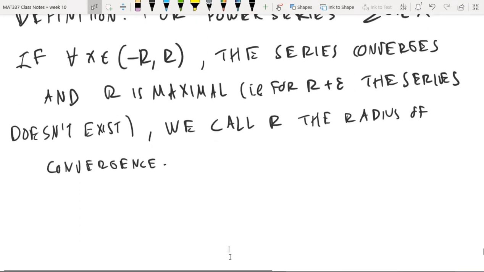All right, so now let's prove a theorem to actually get this R. This is called Hadamard's theorem.